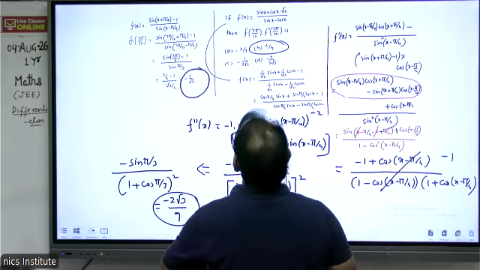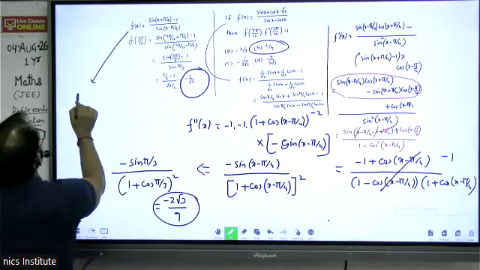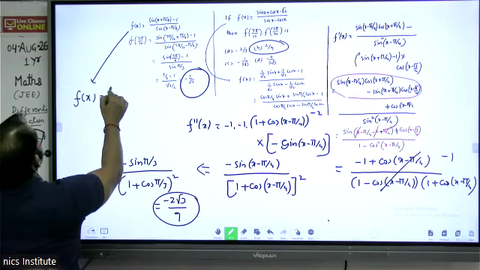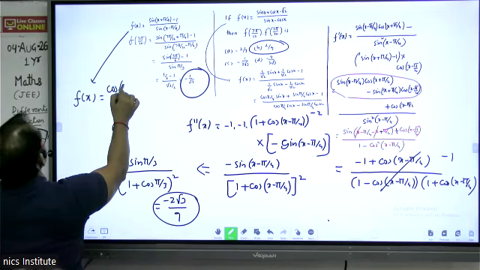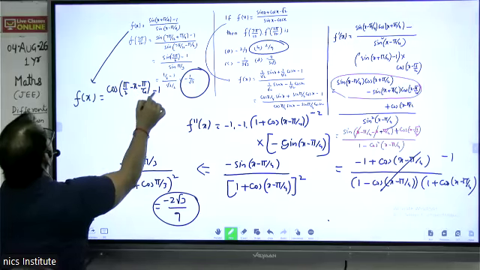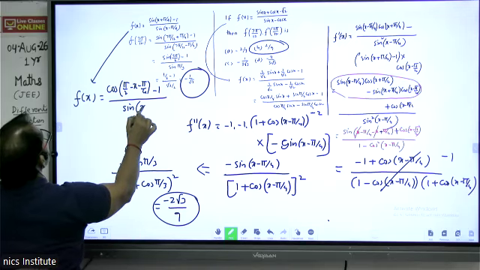The second method she was saying is that this f of x you can convert into further half angle, like sine. I convert cos of 90 minus theta is sine theta, and this sine I can keep as it is.